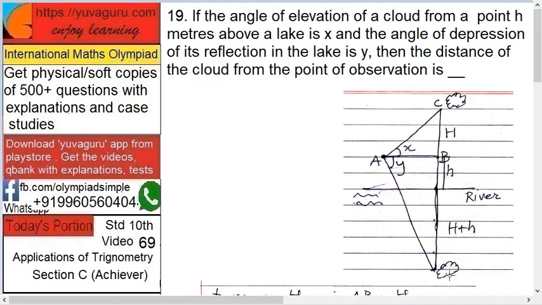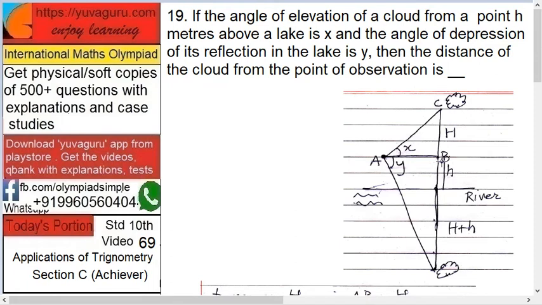Now the important point over here is, I am already h meters above, and let the capital H be the vertical height from B to C, from me to that cloud. Okay. So when I look down at the reflection, what is the total vertical height between me and that reflection?